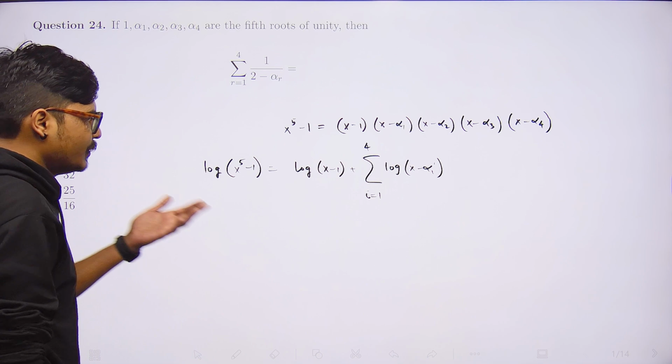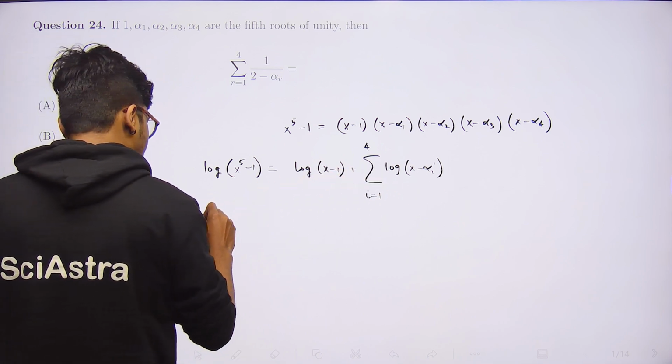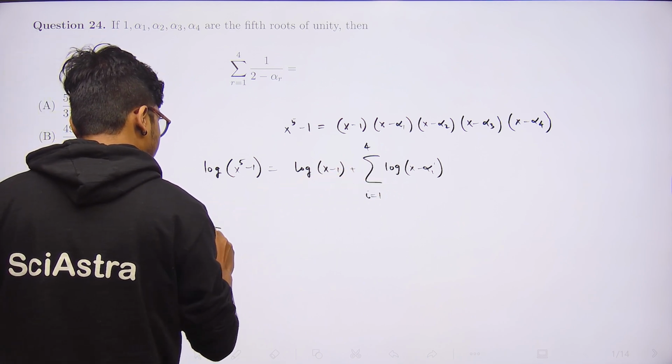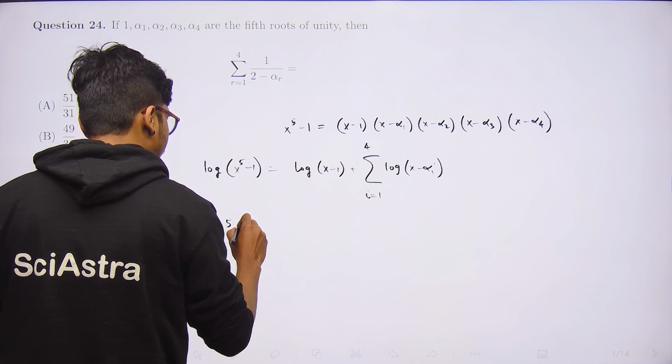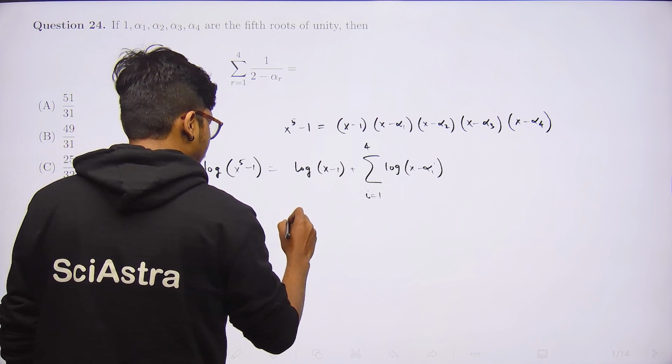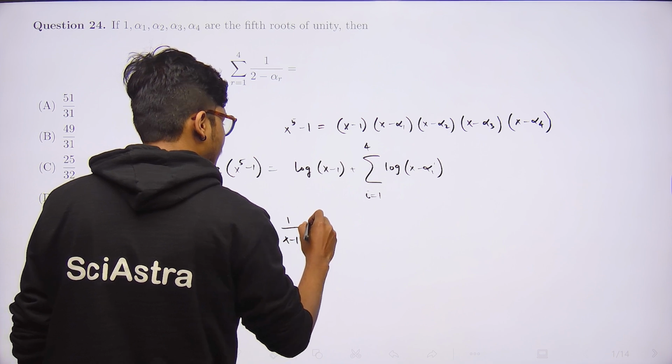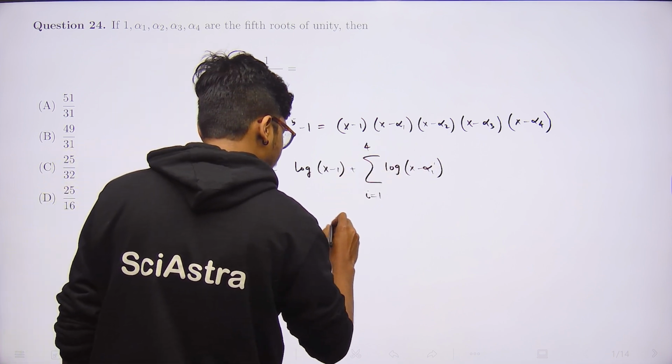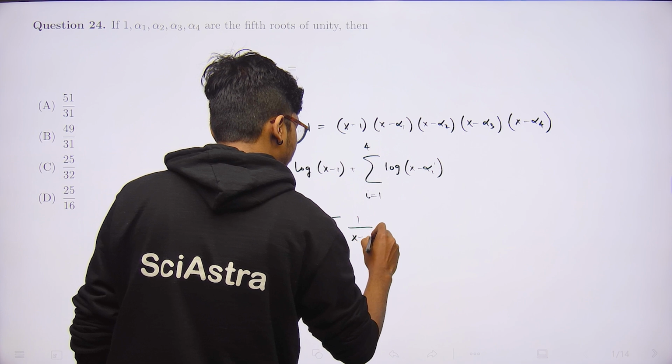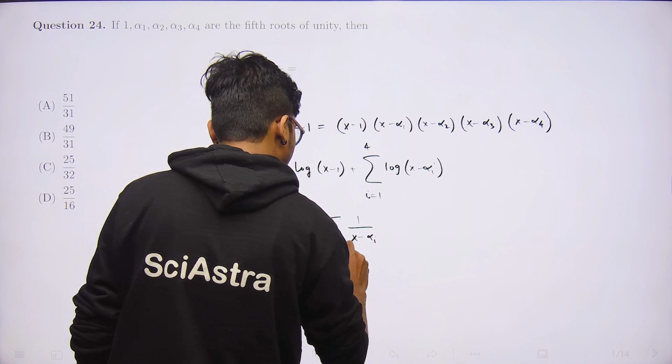The next step what we'll do is we'll differentiate this equation. So if I differentiate this, I'll get 1 by x to the power 5 minus 1 times 5x to the power 4, and this thing should be equal to 1 by x minus 1 plus, the derivative of all of these is going to be 1 by x minus alpha I, I equal to 1 to 4.